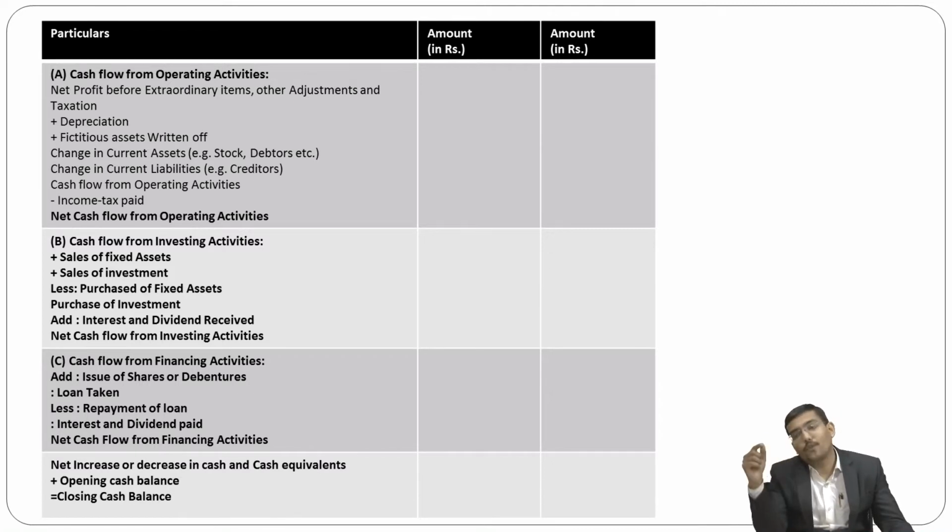Next is the cash flow from financing activities, that is adding the issue of shares or debentures and loans taken, and deducting the repayment of loans and the interest and dividend paid, etc. So you get the net cash flow from financing activities.